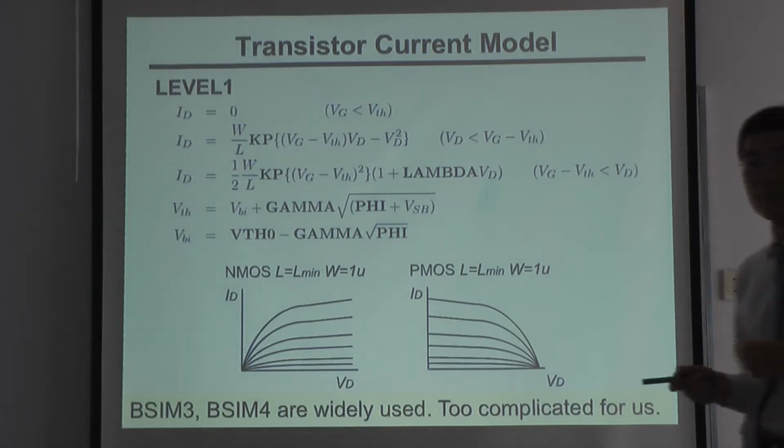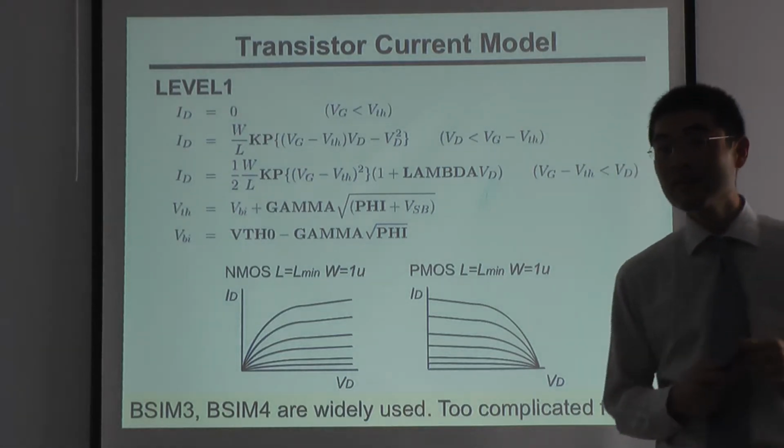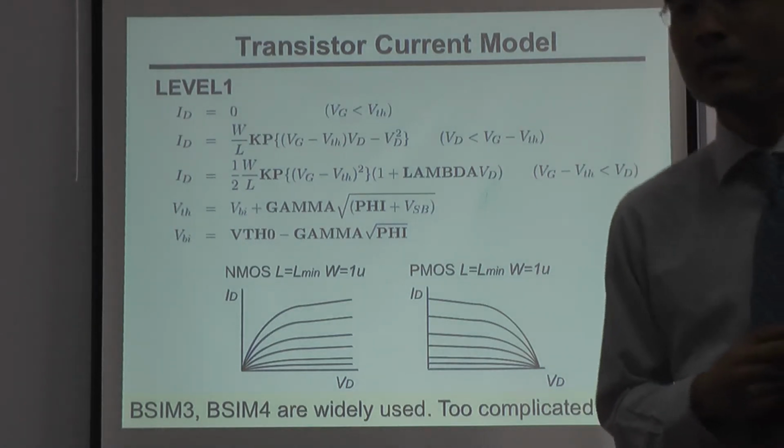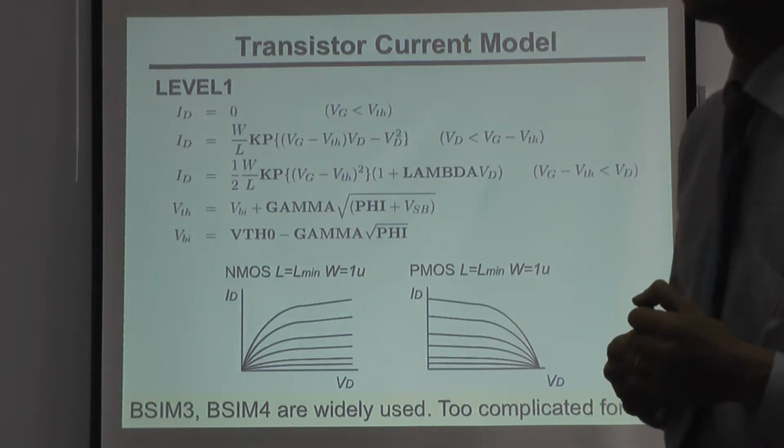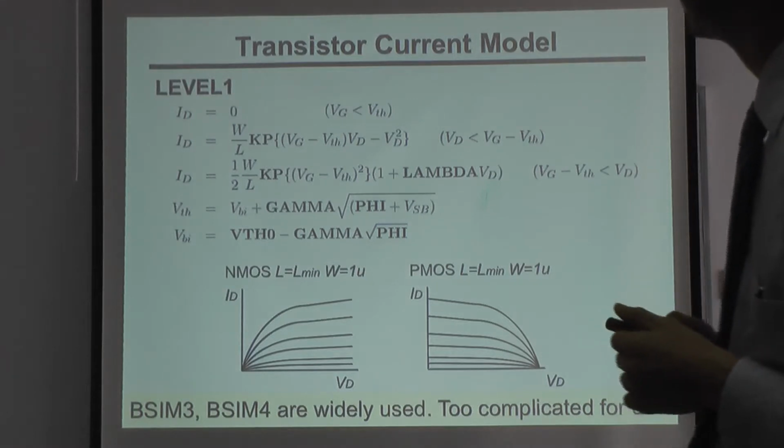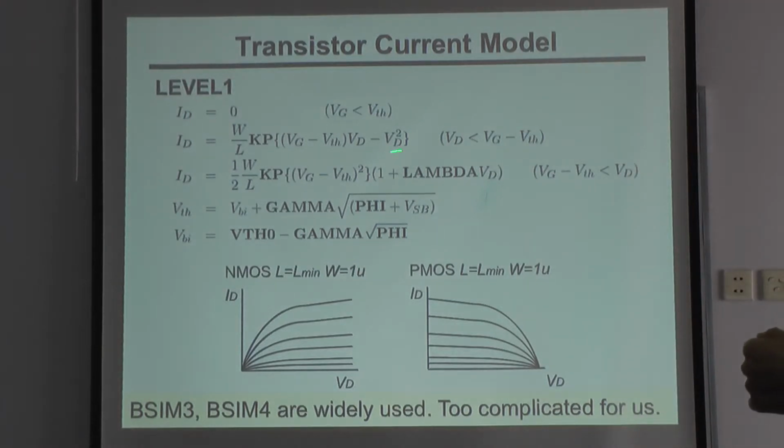There is a mistake on your slide. I'm sorry? There is a mistake on your slide. Where? The second. Here? Yes. If VD equals VG minus V threshold, the ID equals 0.